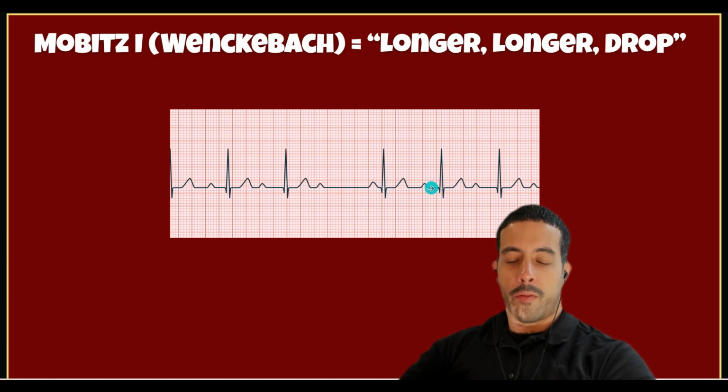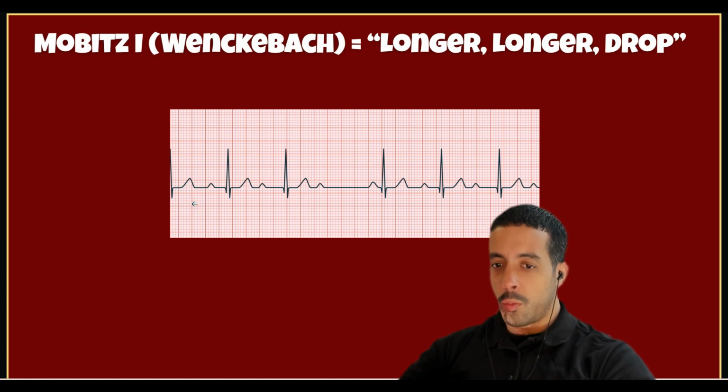Here, let's call it a first degree block. Then from here on, it's way bigger than the first degree block. And then what you could expect on the beat that is not reflected here is that there is a drop. So do not let this confuse you as it has confused me in the past. It's very, very simple. The P wave gets longer and longer, and then it drops.